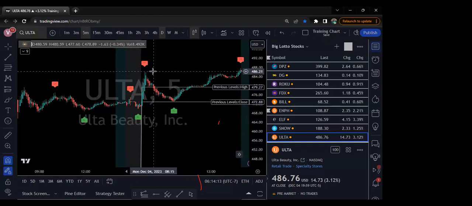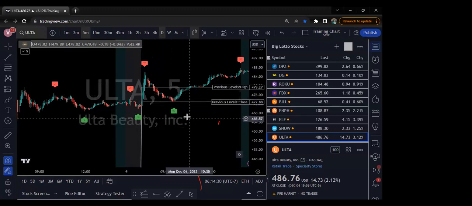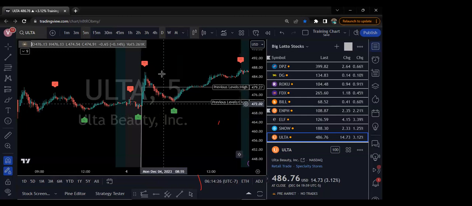But now this pullback, some people can take advantage and trade the puts. It went from 486 all the way to 472, and that's 16 points. So 16 points for puts, a stock that was up here, and we look at the contracts and see it dropping 16 points.